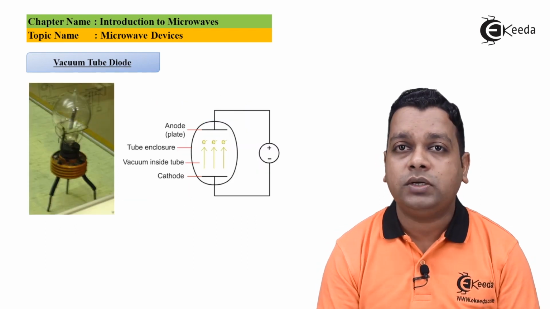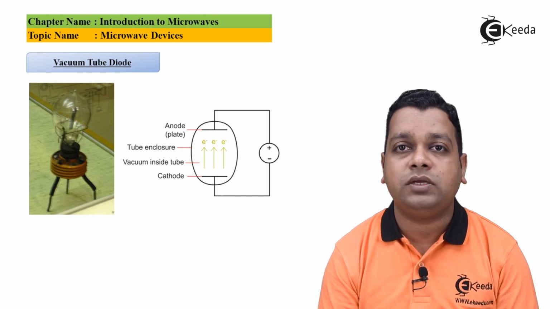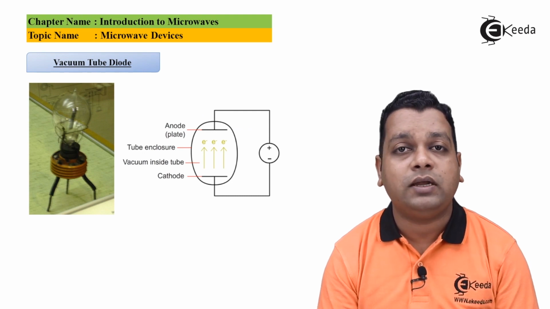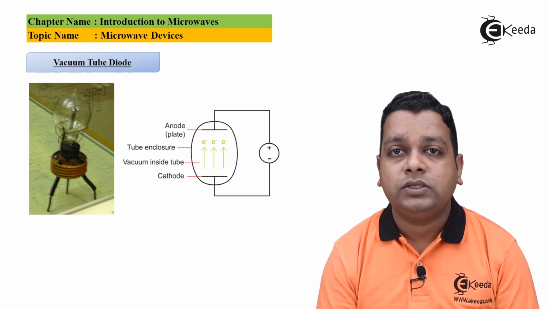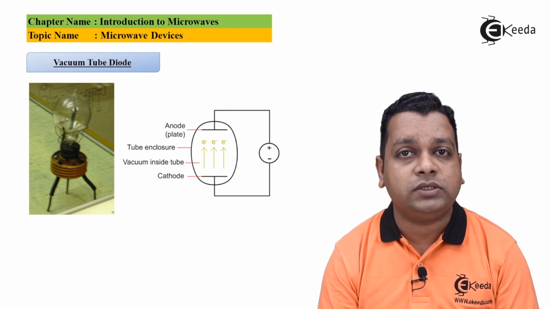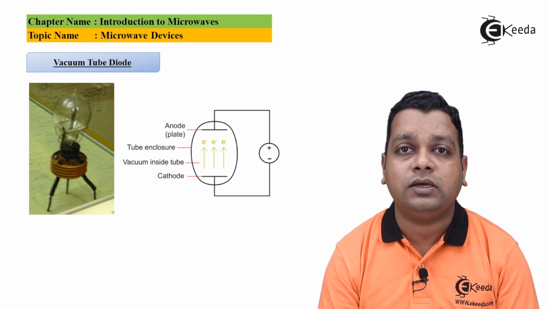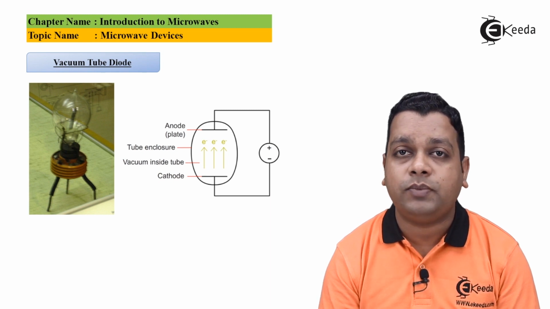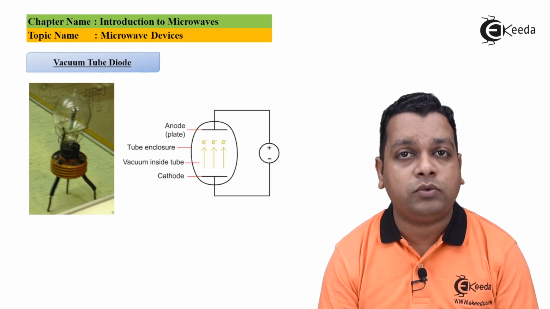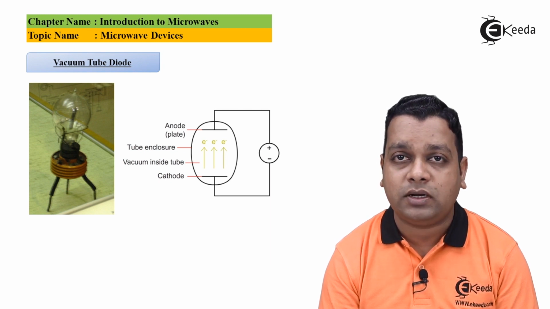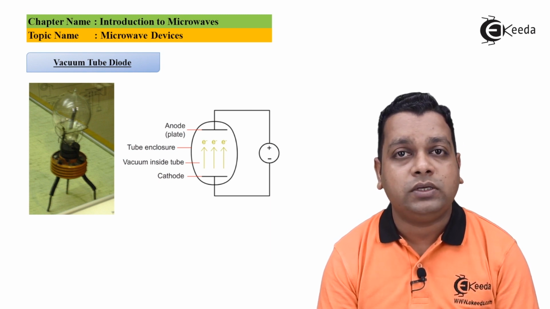The very first example we have here for comparison is the vacuum tube diode. You have the vacuum tube diode picture on the left-hand side, and here you can see the symbolic representation of the vacuum tube diode applied in a simple circuit.